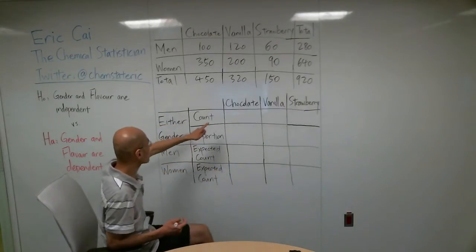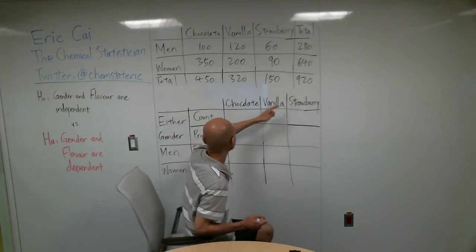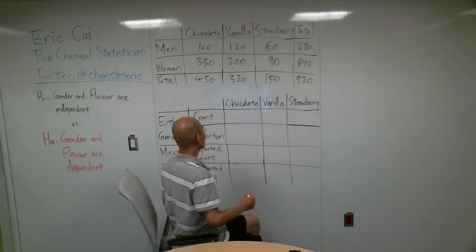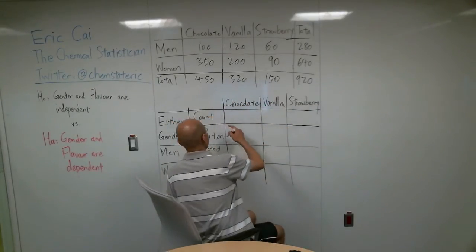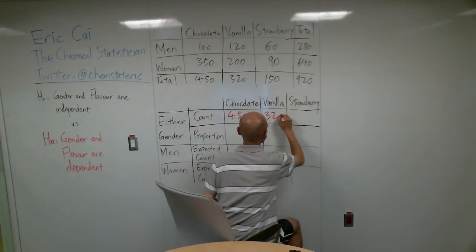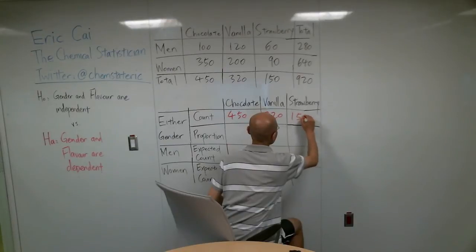And the counts for the individual flavors are just these marginal totals that I have up here. They're 450, 320, and 150.